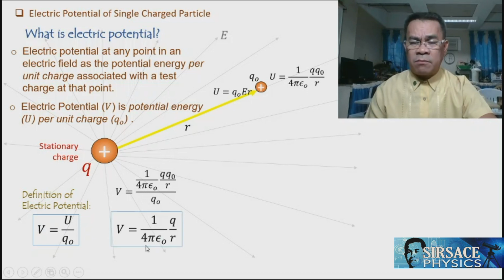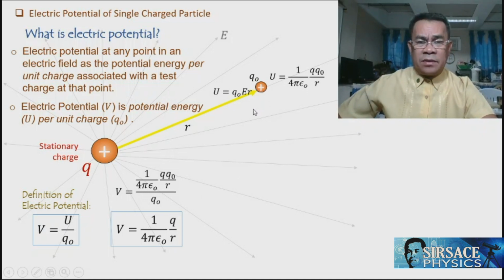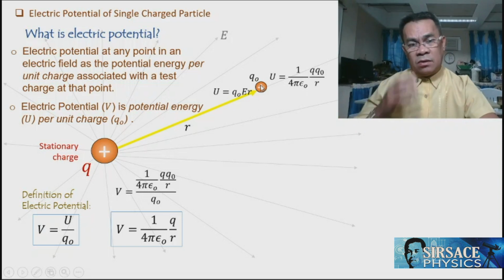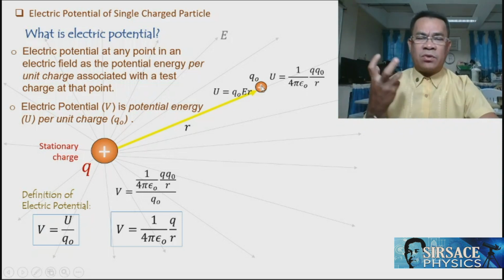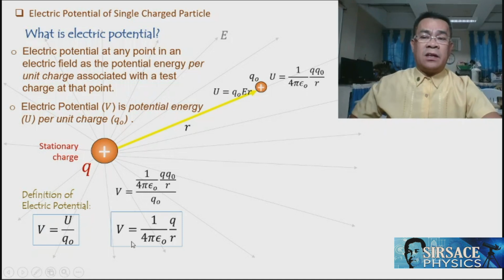So what we have now is that the electric potential is equivalent to 1 over 4 pi permittivity times Q over R. Therefore, if you want to calculate the electric potential at this point, all you need is the charge of the particle and the distance away from the point of interest. You divide Q over R, multiply by the constant, and that is the electric potential.